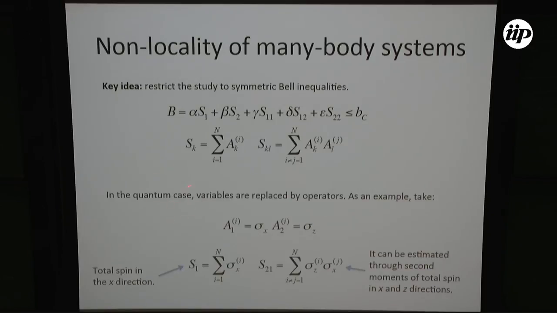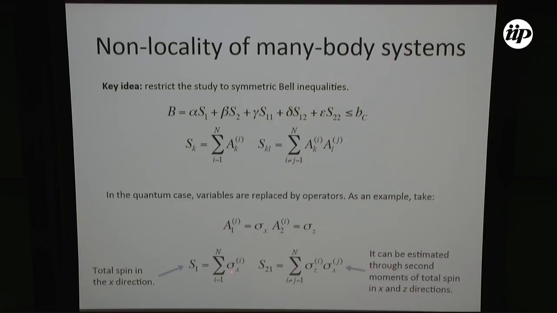Maybe what is relevant here is that we got some inequalities. The details are not so important, but what is relevant is that when you compute the quantum violation of this Bell inequality, S1 now becomes an operator.